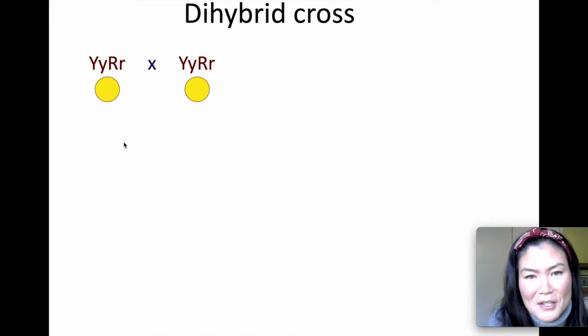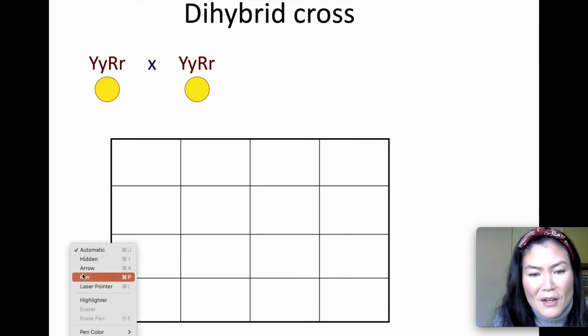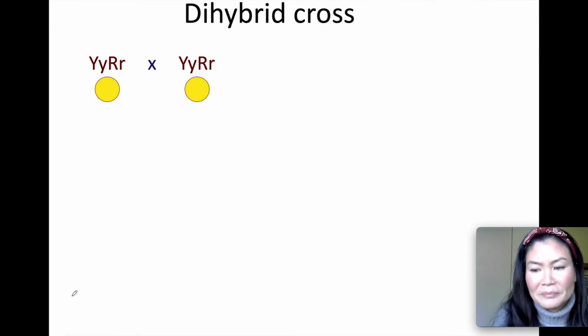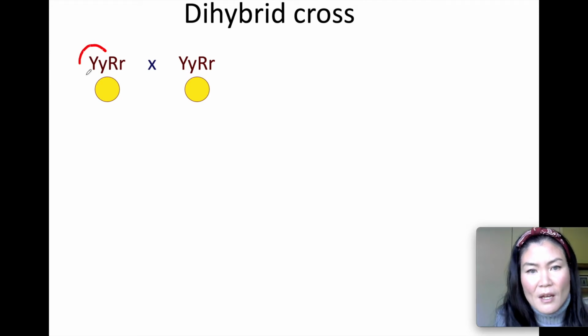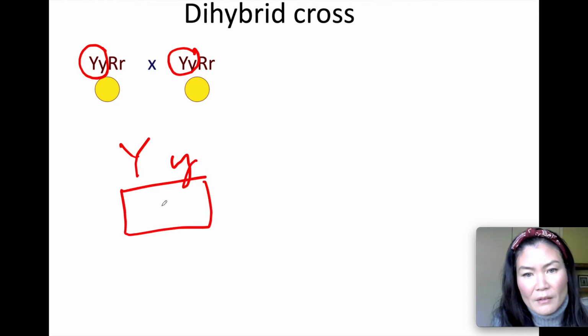This is good. Okay. So instead of doing a whole massive 4x4, what you can do is just separate the Y's from the R's. Hold on, I'll get a pen. Okay, so we could just do a simple Punnett square. Y and like that.